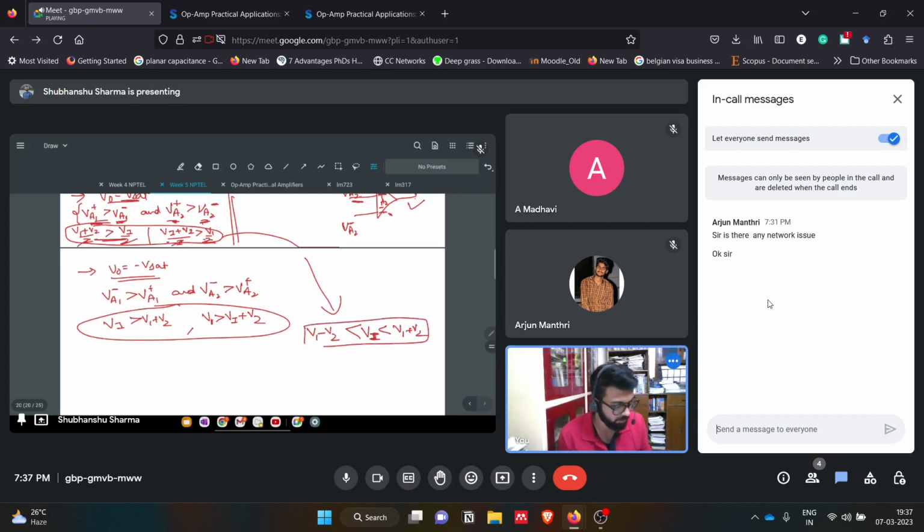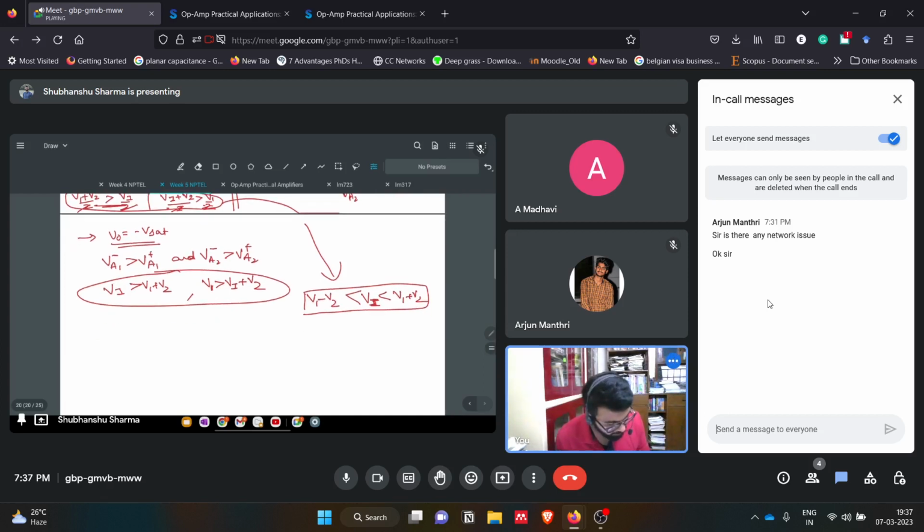And from the other we got Vi greater than V1 plus V2 or less than V1 minus V2. The first condition is when V naught is minus V saturation, and this one is when V naught is plus V saturation. So we have these two.